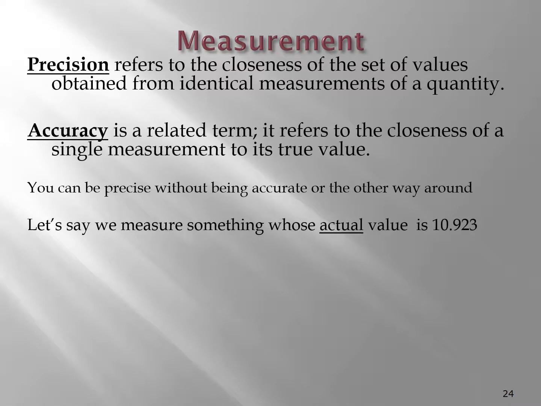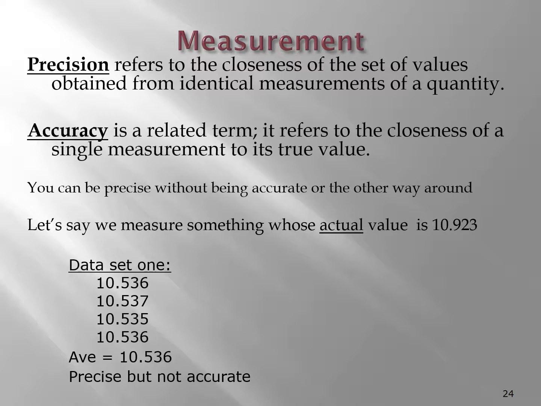Let's say we measured something and the actual value of that cylinder that we're measuring is 10.923. Well, let's say the first set of students get these measurements: 10.536, 10.537, 10.535.